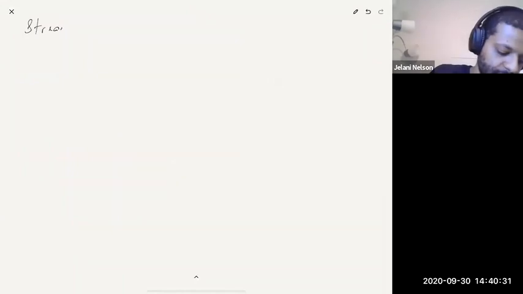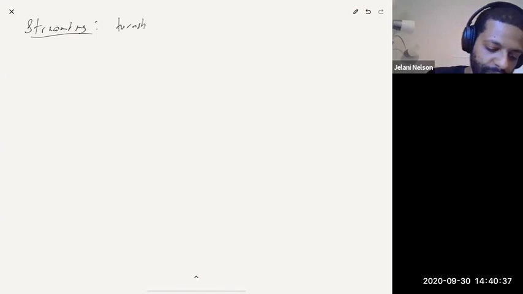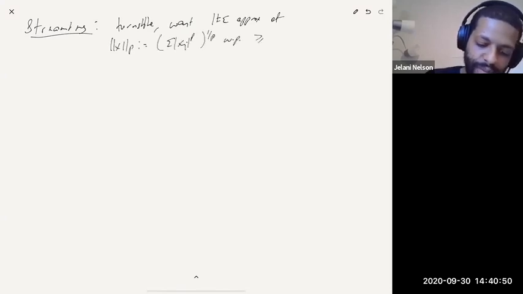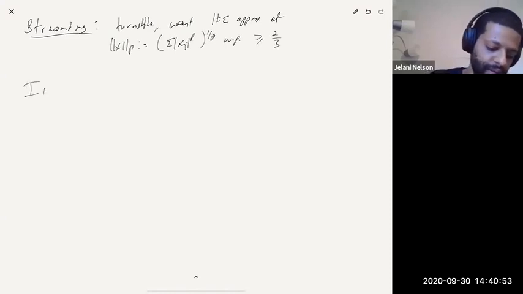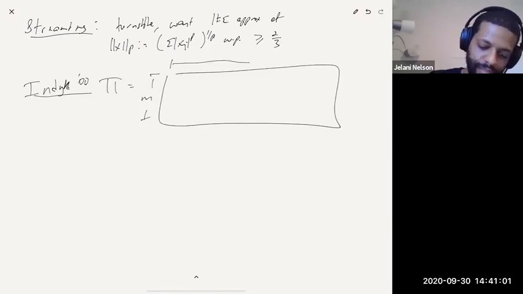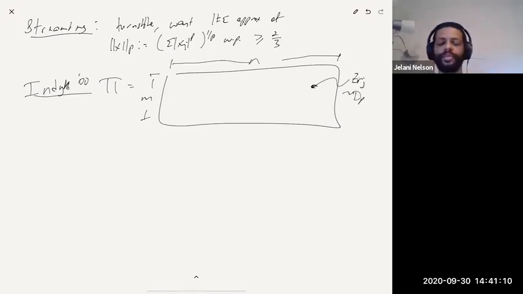So streaming, basically turnstile, we want a 1 plus epsilon approximation of the LP norm, which is defined to be the sum of xi to the p, to the 1 over p, with probability at least 2/3. So Indyk in 2000 considered the following matrix pi, where each entry Zij is p-stable.